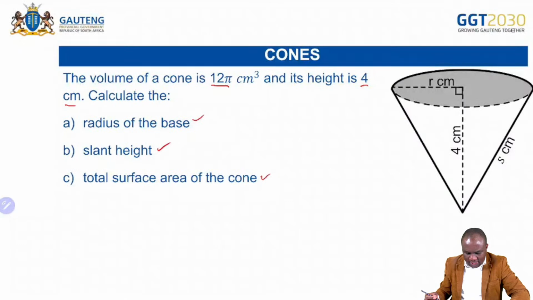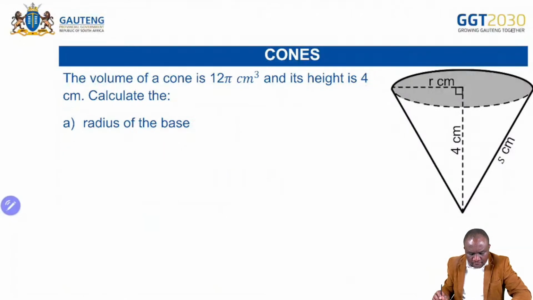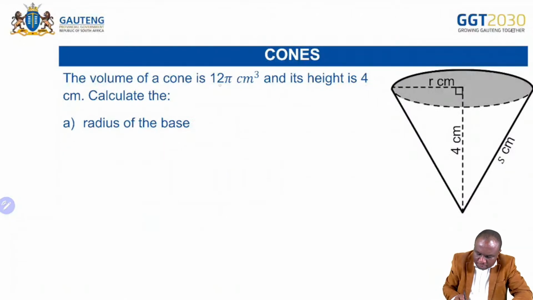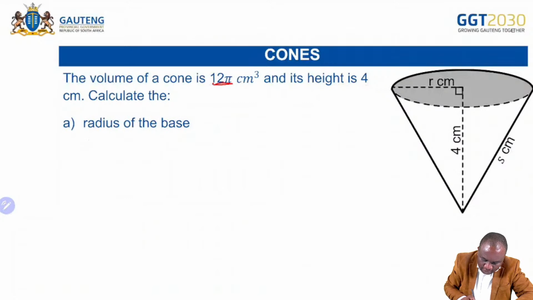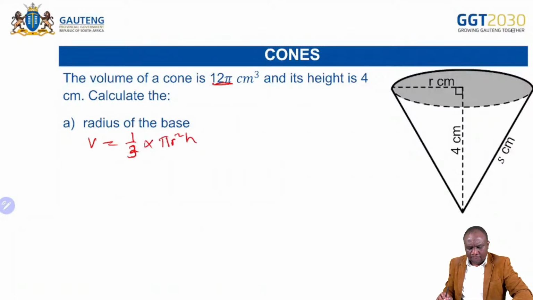Right, welcome back. Let's discuss these three. We are given the volume of a cone, and we know the formula for finding the volume of a cone is volume equals one third times pi r squared times height. So we want to find the radius.